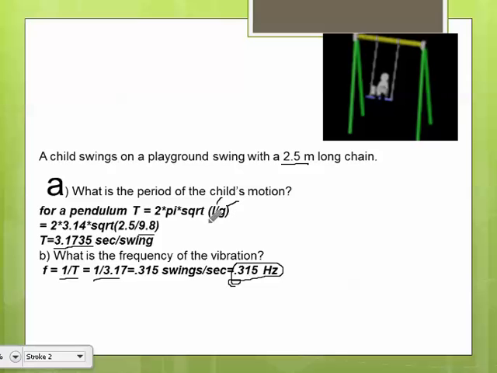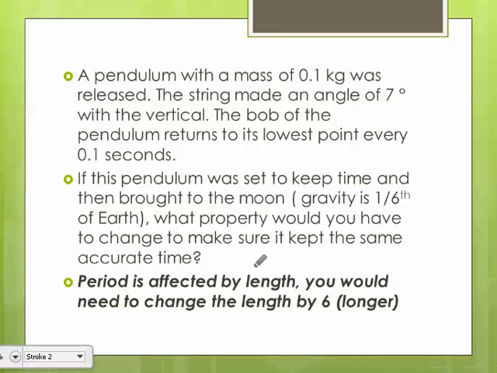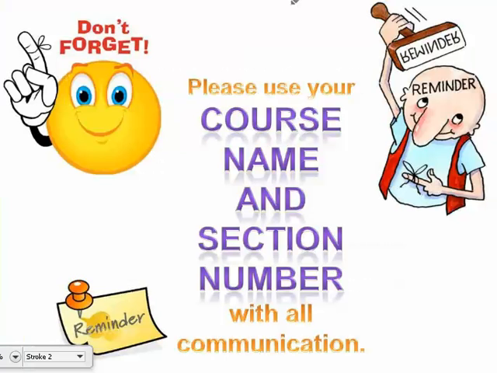Right here. Length divided by gravity. That's where we were getting this period, right? So if that's what we're using to get the period here, and we've got 1/6 the gravity, that means we need to increase the length of the rope by a factor of 6. It has to be 6 times longer. That's the easy way of looking at that problem.